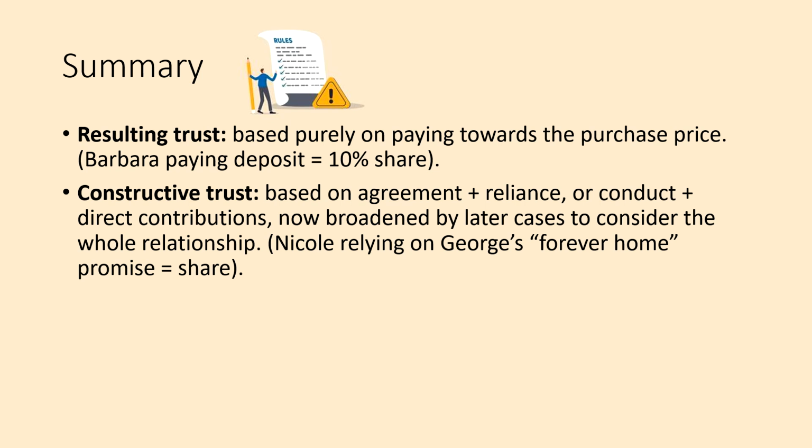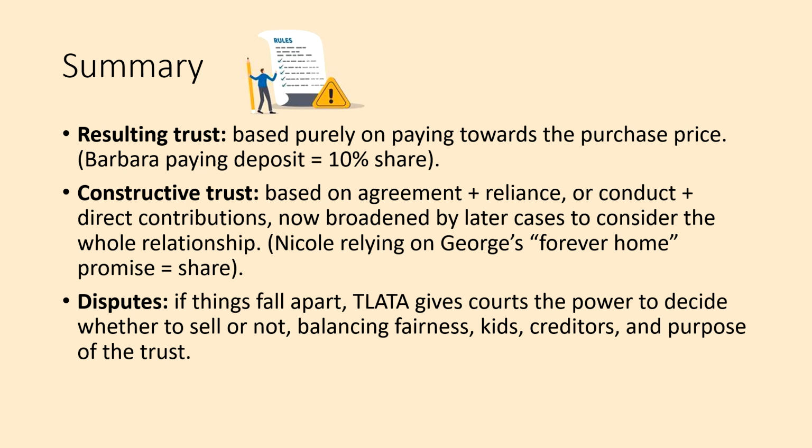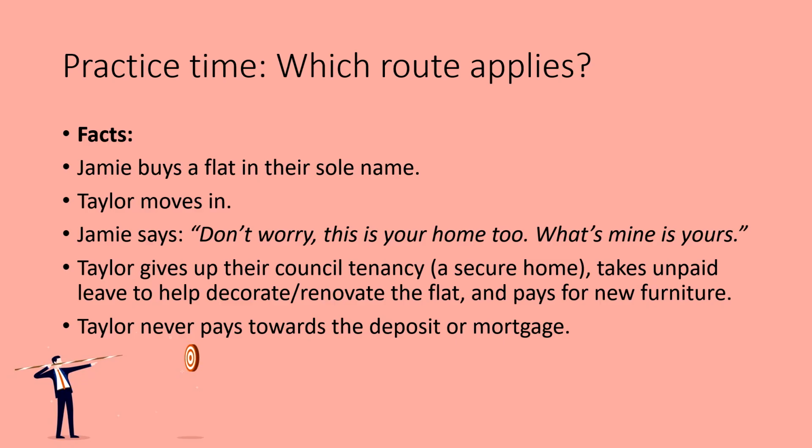It's not just a straightforward calculation, but can take quite some time to work out what would be fair to award in each case. And obviously it's not only about the parties involved, not only about the people who live there, but it could also be about any kind of creditors or other people who have an interest in the property.